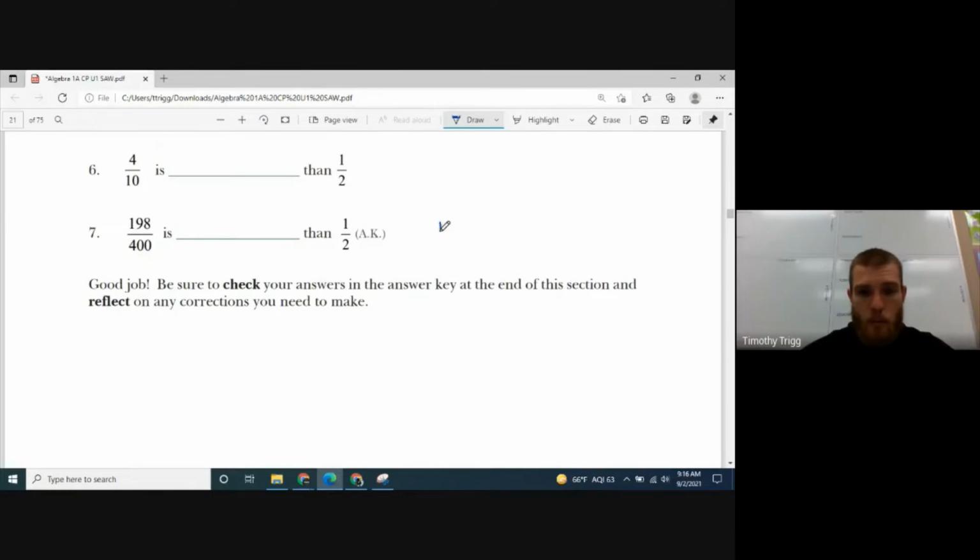What about this one? So 1/2, if I change the denominator to 400, what would be half of 400? Well, hopefully you can see that that's 200, right? So 200 out of 400, that's the same as half. So 198 out of 400, well, that's less than this, right? So that's less. Okay.